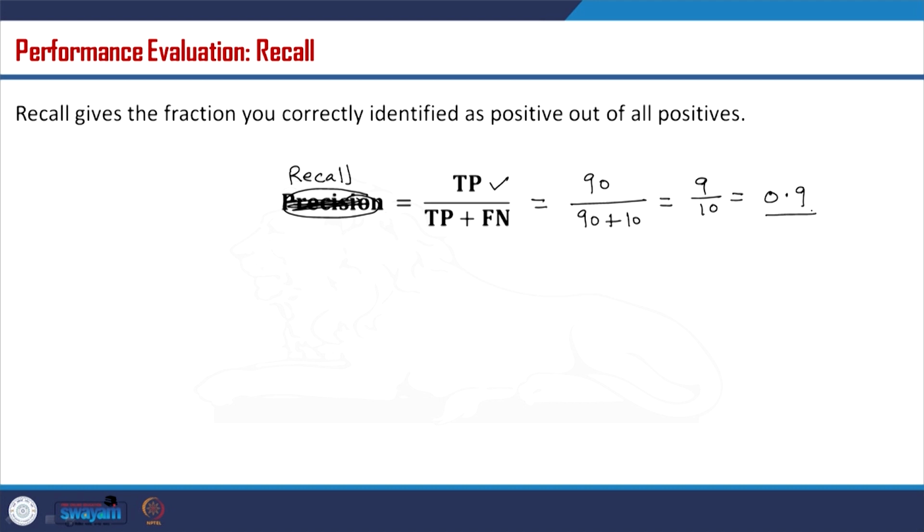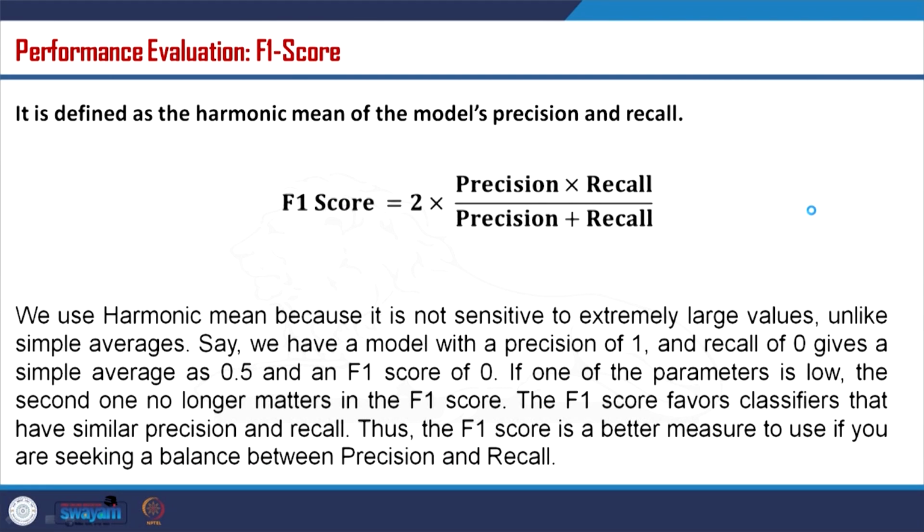There is always a trade off between precision and recall. If you try to get high precision, recall will go low and vice versa. Another good measure based on precision and recall is the F1 score. It is defined as the harmonic mean of the model's precision and recall. So, it is 2 times precision into recall upon precision plus recall.